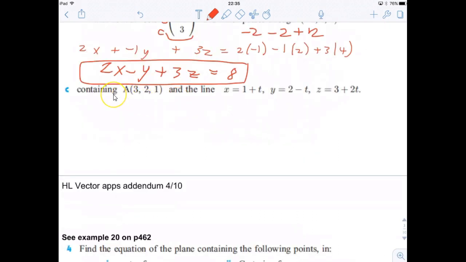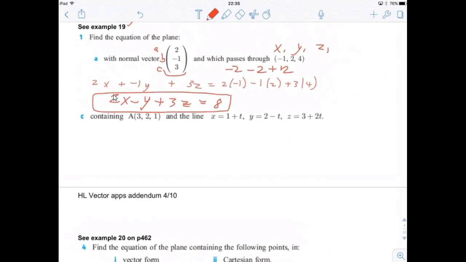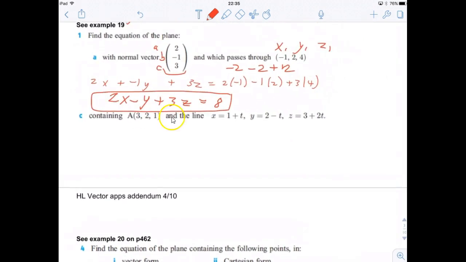Okay, last thing is I'm going to write the equation of a plane which contains the point (3, 2, 1) and this line: 1 plus t, 2 minus t, and 3 plus 2t.